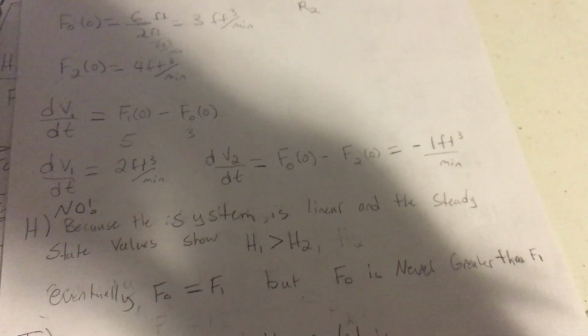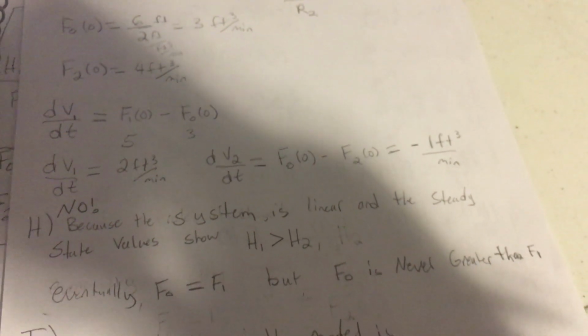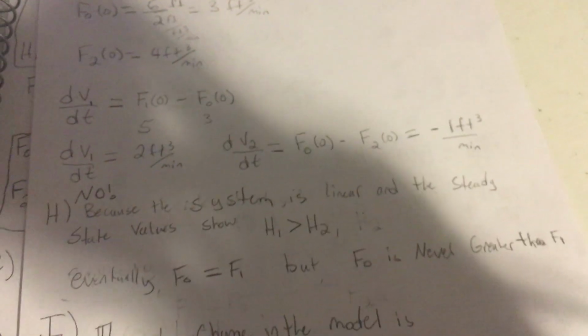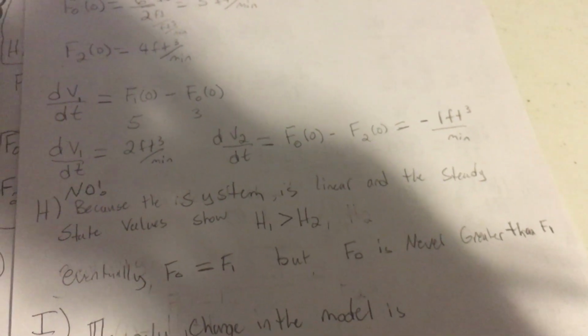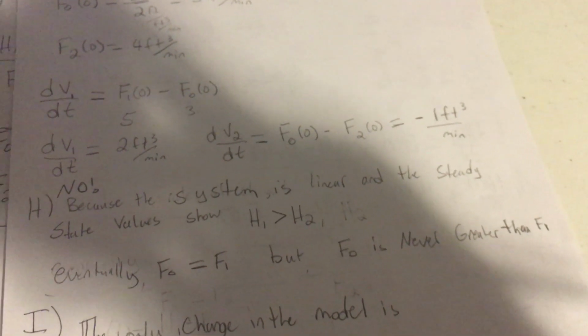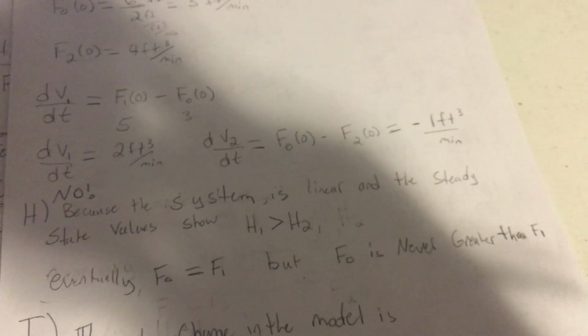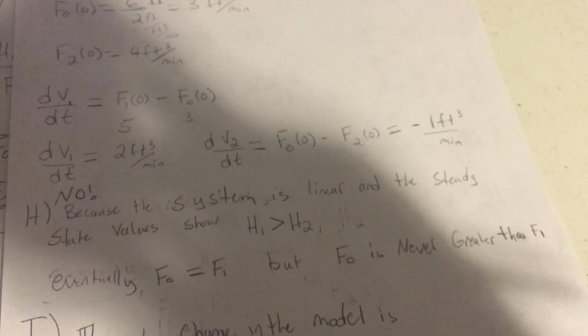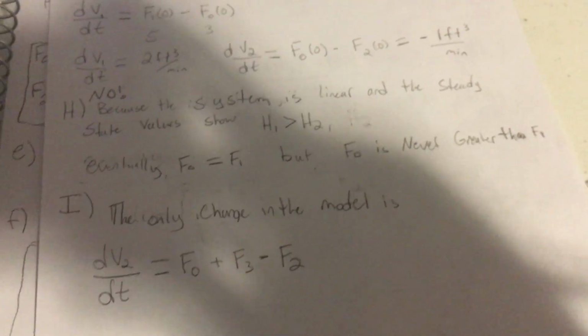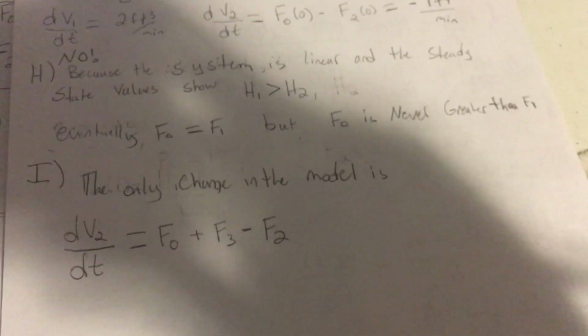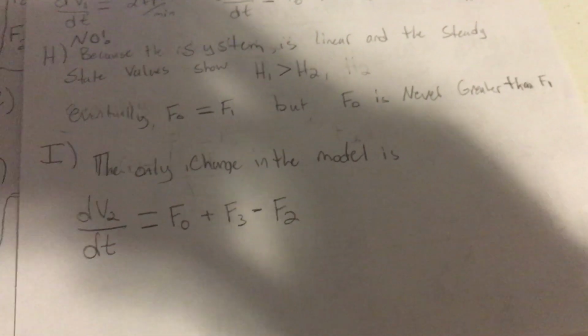So given that information, I can't see why tank 2 could start filling up faster than tank 1, just because the flow rate into tank 2 is never going to exceed the flow rate into tank 1. That's kind of how I understood that. I don't know if that's true, but hopefully that helps you kind of figure it out. And if I'm wrong, please tell me.